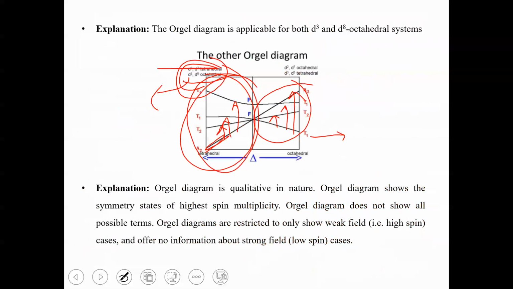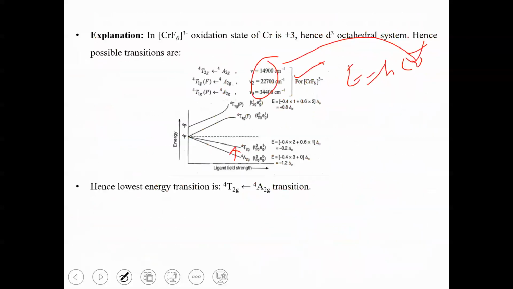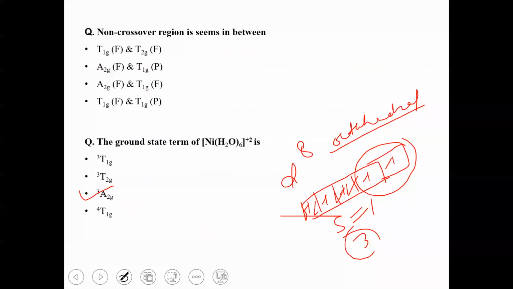So T1g(F) and T2g(F), A2g(F), T1g(P), and both are F, or T1g(F) and T1g(P).